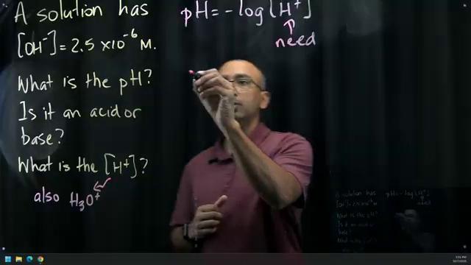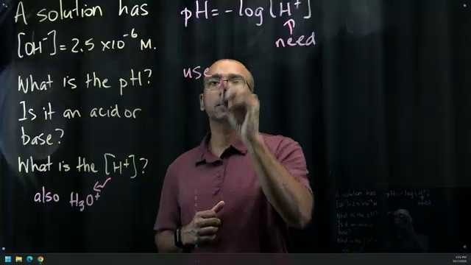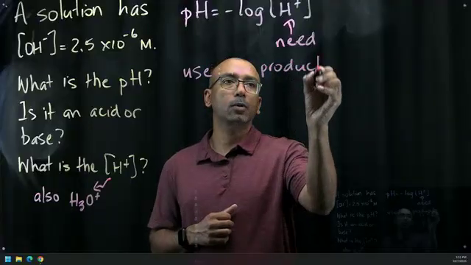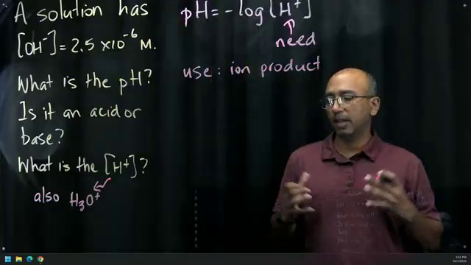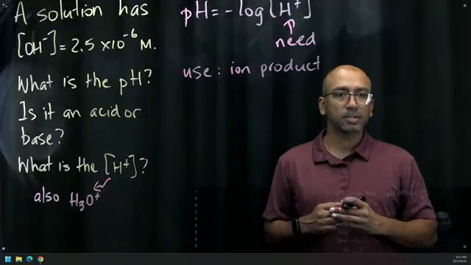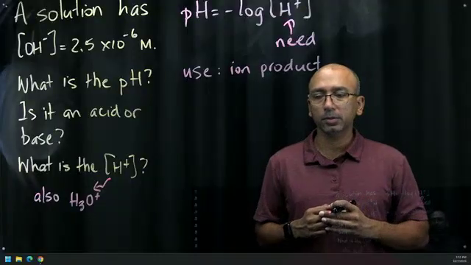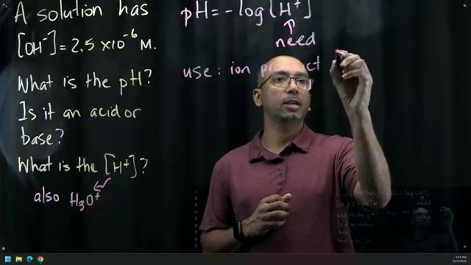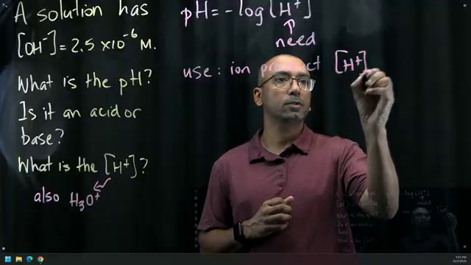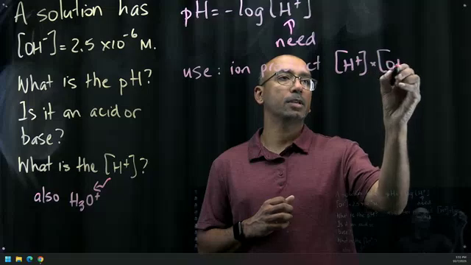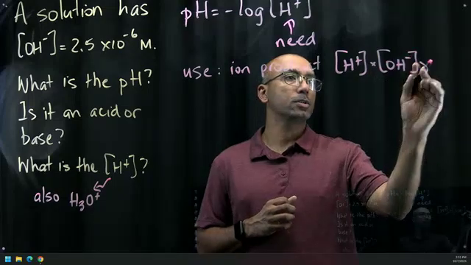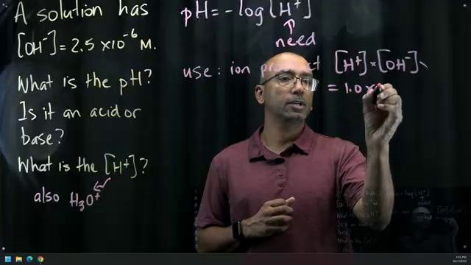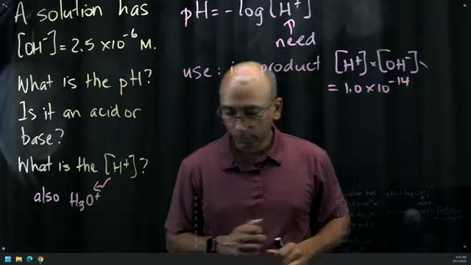Well, there are a couple of ways that we can solve this. We can use the ion product for water, and in most cases the systems that we're dealing with are aqueous solutions. The ion product for water says that if I take the H plus concentration for a solution and multiply it by the hydroxide concentration, I always get the same number, and that's 1.0 times 10 to the negative 14.